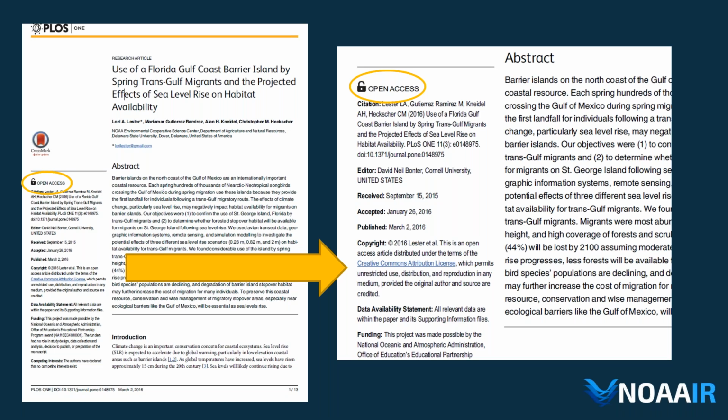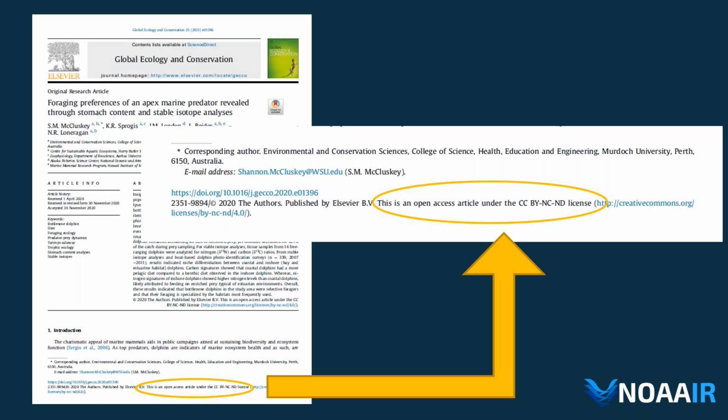You can see the lock and the open access at the top, but I also highlighted the copyright statement, copyright 2016 with the author's first name et al. Then it tells you exactly which Creative Commons license this is published under, which is a CC BY. When you click on that hyperlink, it'll take you to Creative Commons and tell you this is a CC BY publication and let you know what your permissions are with that particular license.